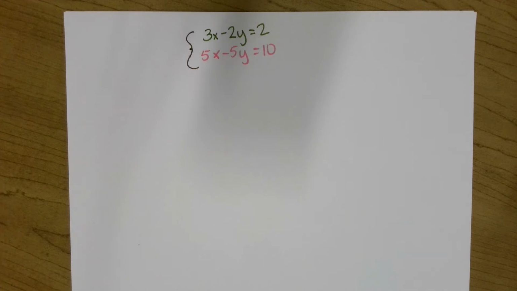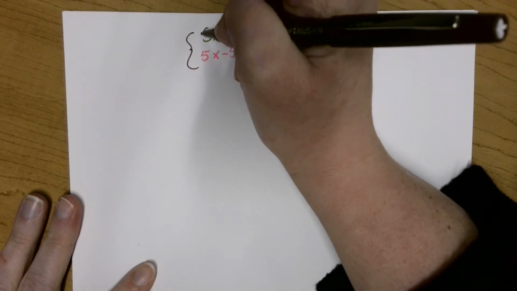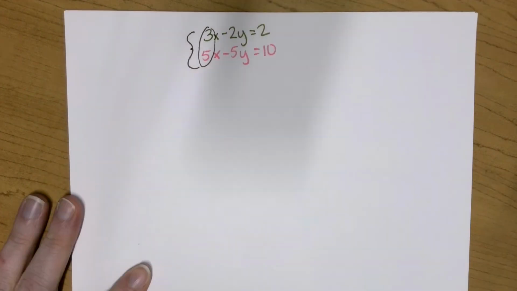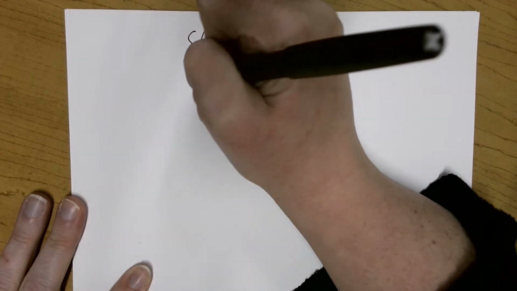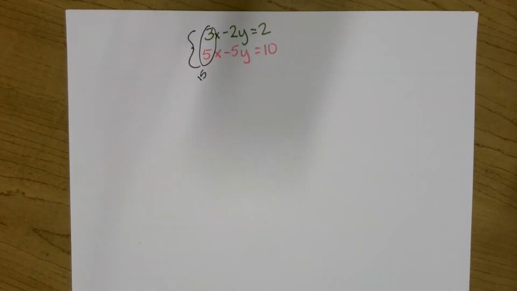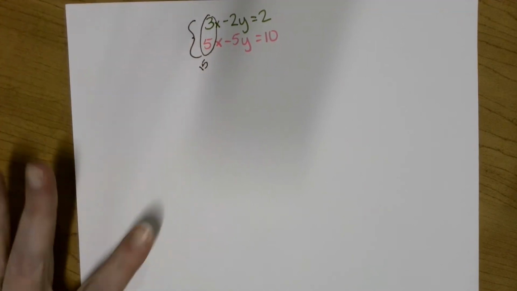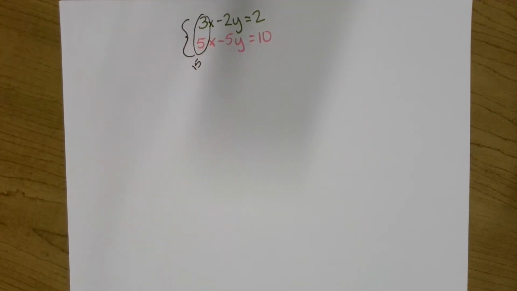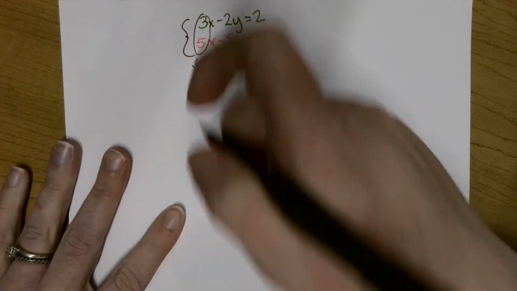I'm going to figure out what is going to be the easiest to eliminate. So I'm going to look. I have 3 and 5. 3 and 5 are both factors of 15. They both go into 15. So if I multiply to eliminate x, I'm going to have to multiply both of the equations by something that will give me 15.